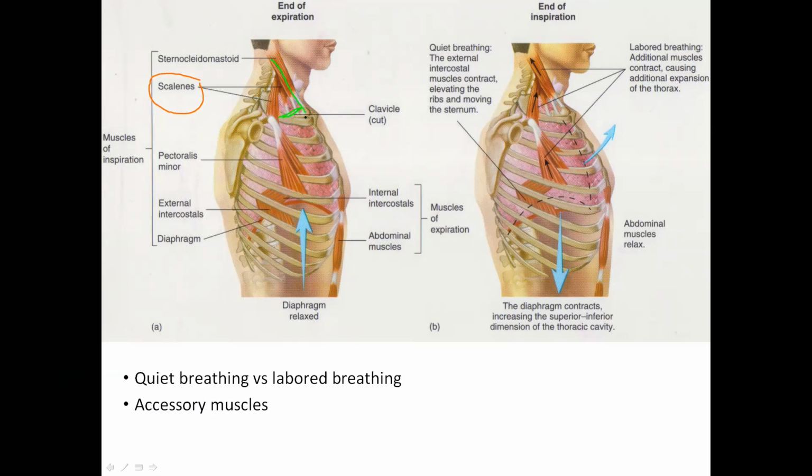It has a thoracic cage attachment, so since it's attached to the rib, it does grab the rib and help pull it up. So these would be accessory muscles for breathing.